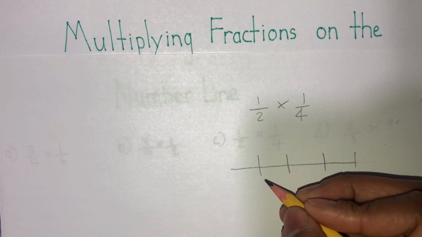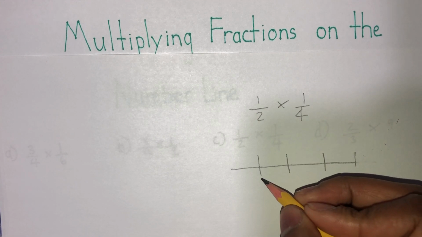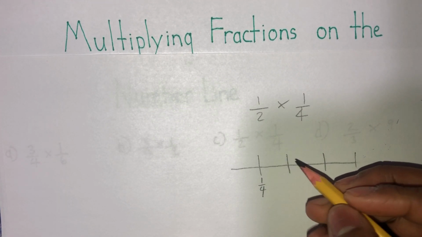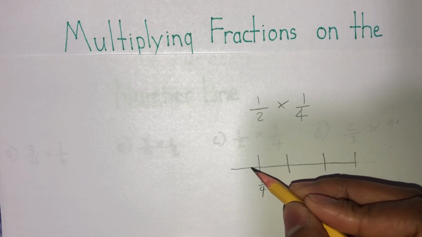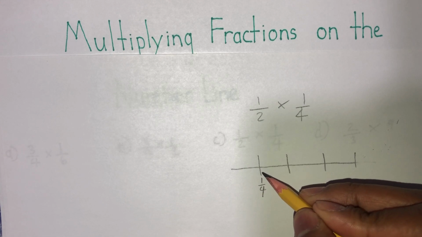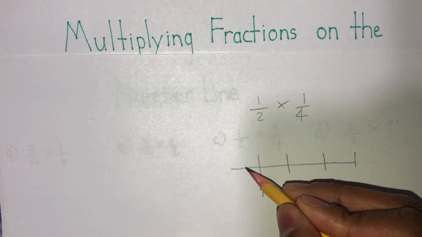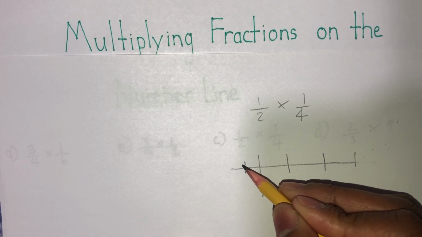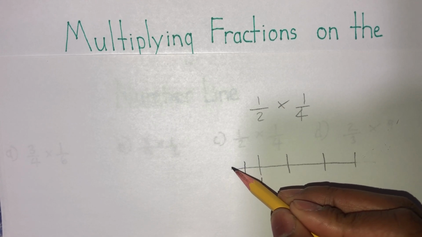Then we're going to locate the quarter. So this is 1/4. Then we're going to find a half of the distance to this quarter. So a half would be right here. So we know that this is 1/2.